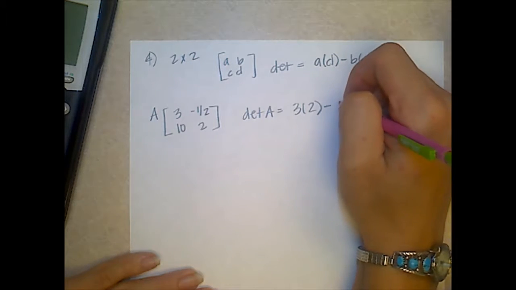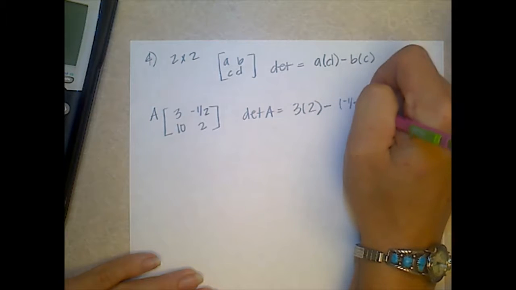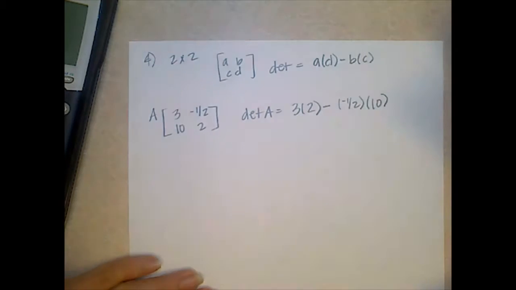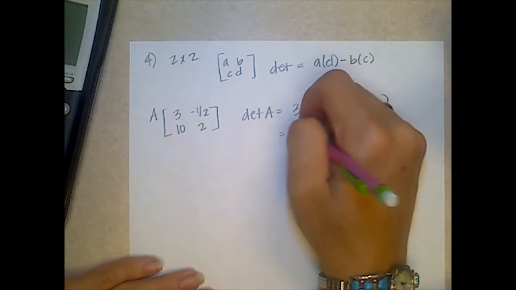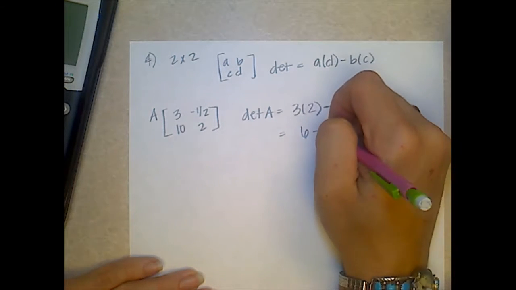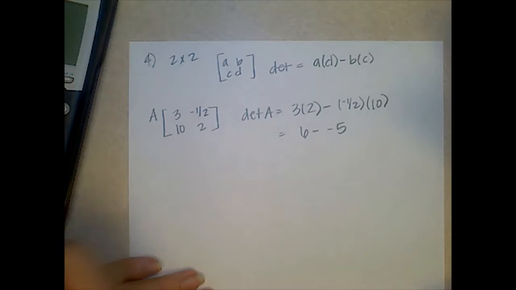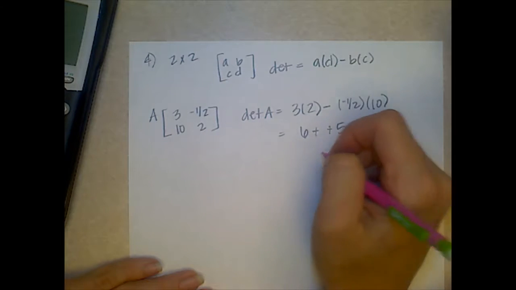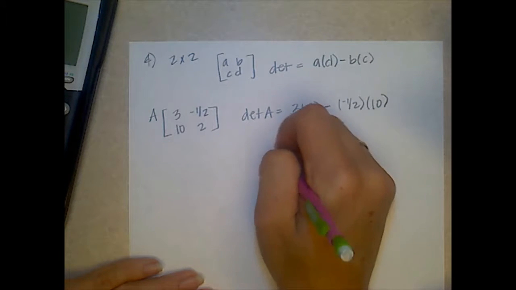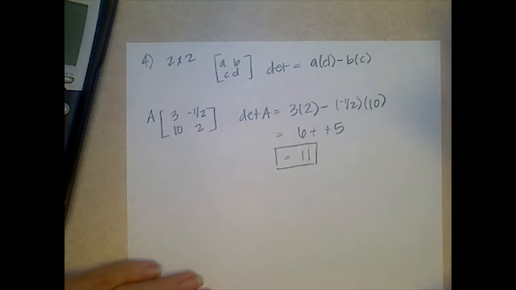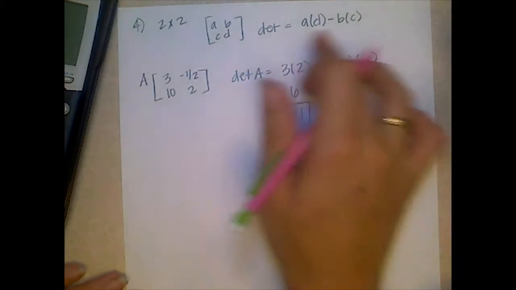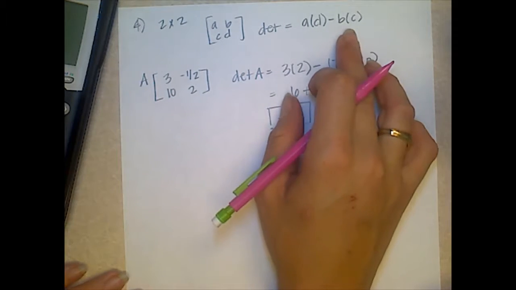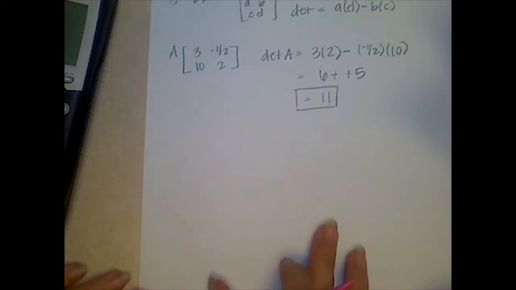So negative 1/2 times 10. Now that gives us 6 minus a negative 5. When you have 6 minus a negative, it becomes a positive. Determinant is 11. It is that easy, but it's just a memorization thing of remembering the different properties of the determinant.